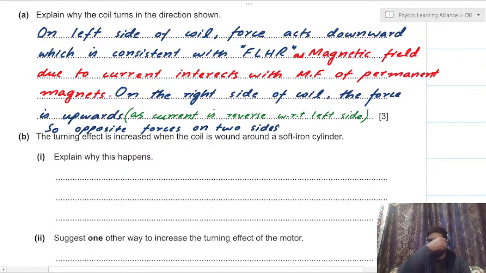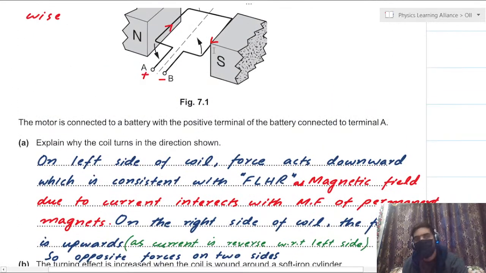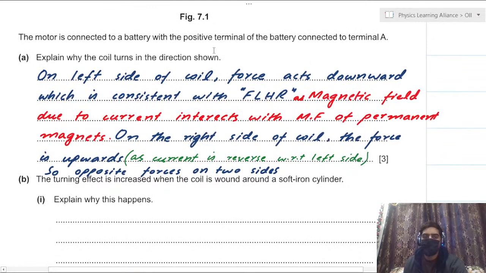And what is the direction of those two opposite forces? We have already mentioned that previously, it is downward on the left side, upward on the right side. So due to those opposite forces, the coil rotates.